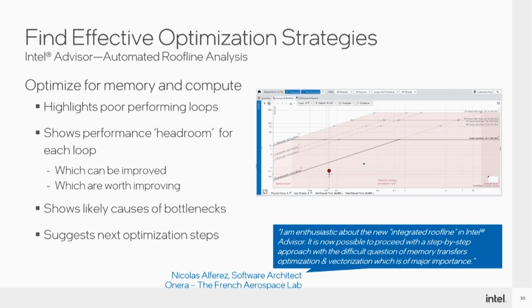Quick picture of what a roofline looks like. The diagonal lines that you see are the memory caches, and the horizontal lines that you see are compute. And as you can see, we have one major hotspot that is color-coded in red. Your goal is to move your kernel up the y-axis.